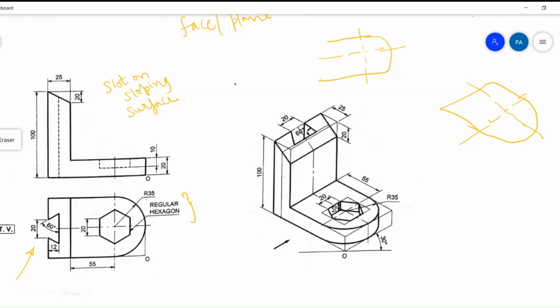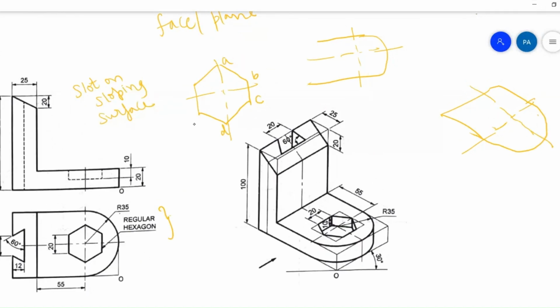So what will we do? We'll actually draw this hexagon here like this. I will name this A, B, C, D, E, and F. So that naming I will write here also. This will be A, B, C, D, E, and F. So where is this A coming here?